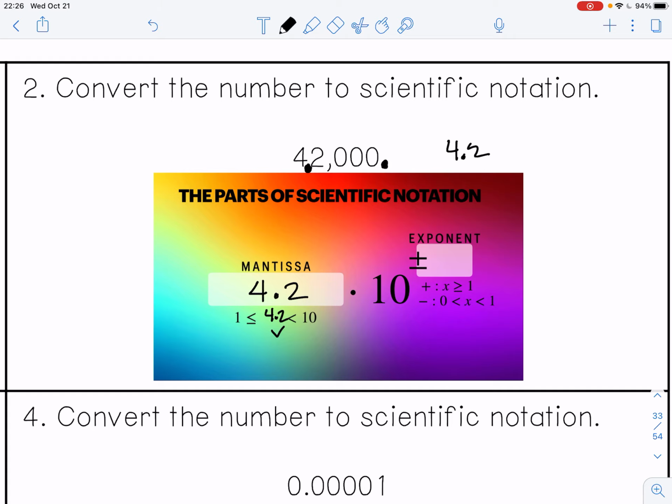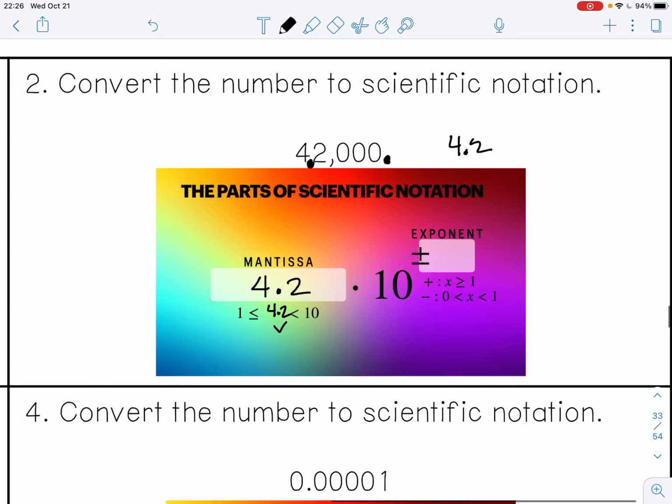Our mantissa is 4.2. So notice also that I'm not writing 4.2000. You don't have to write the trailing zeros. Okay, so we call these on the back here trailing zeros.